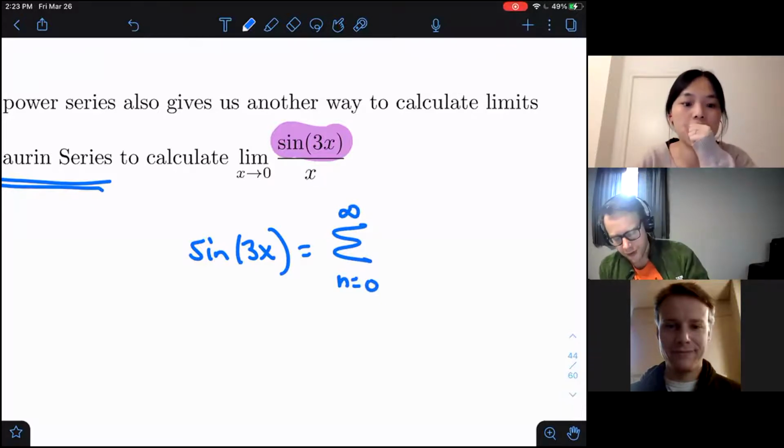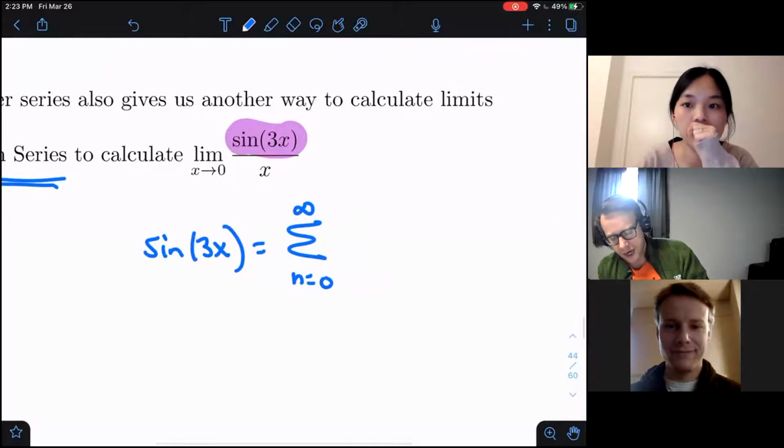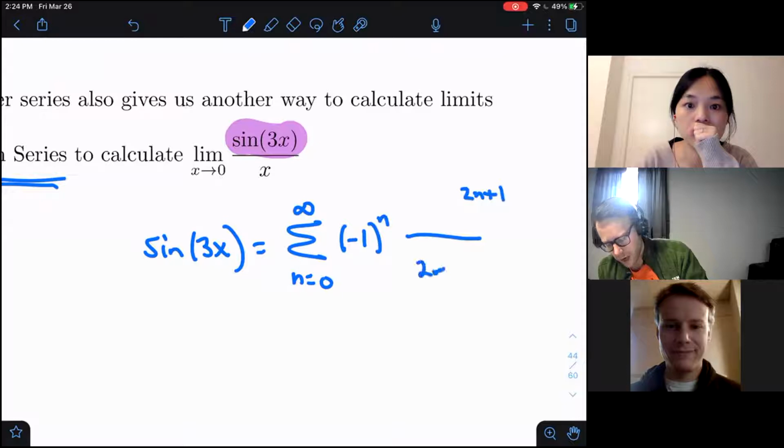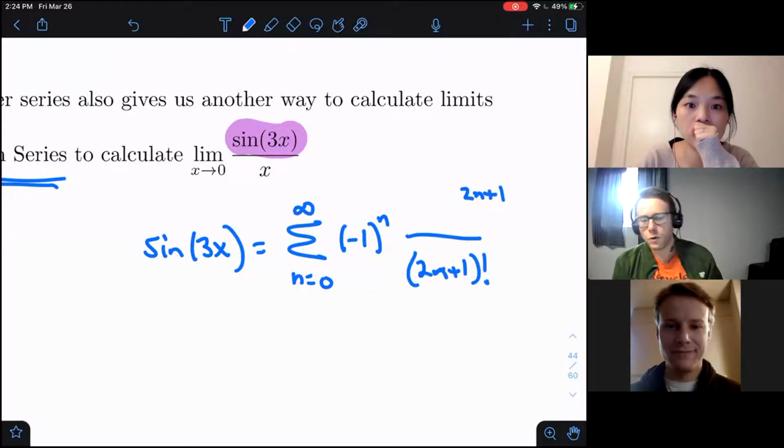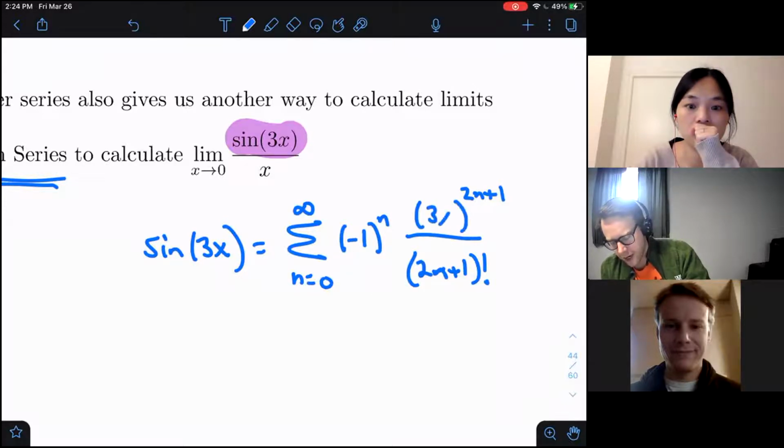The sign is going to be alternating, and we only have the odd powers. So we have 2n plus 1 here, and we have 2n plus 1 factorial in the denominator. Normally if you just had sine of x, you'd put an x here. But now because we have 3x, we're going to substitute in a 3x here.